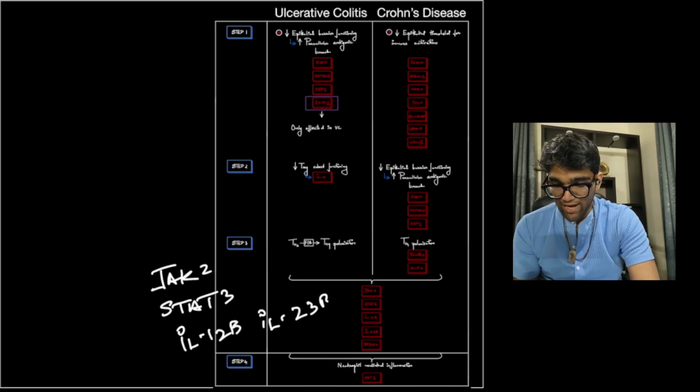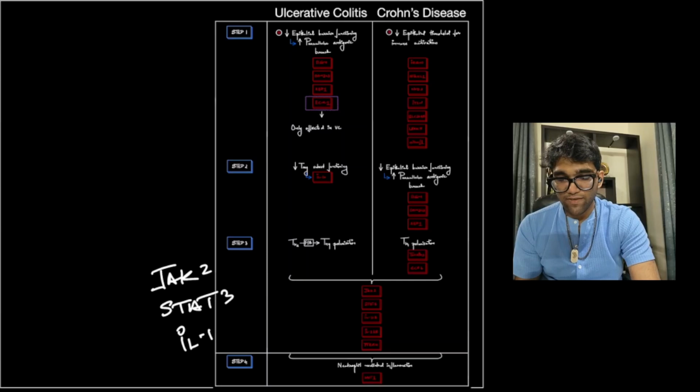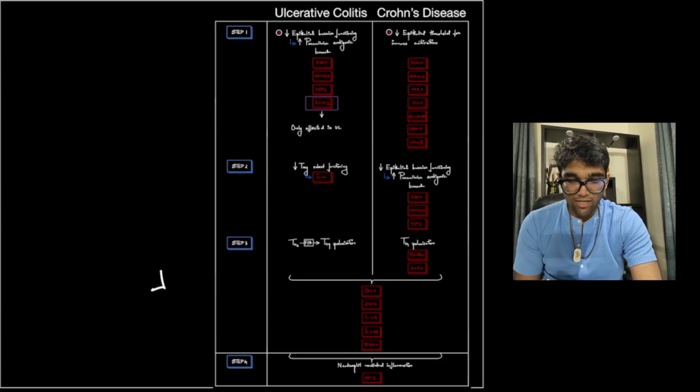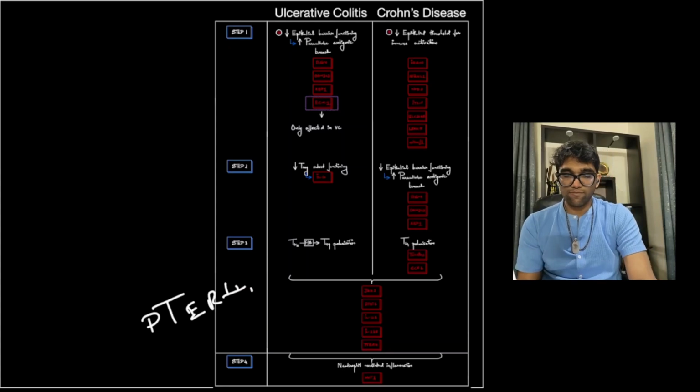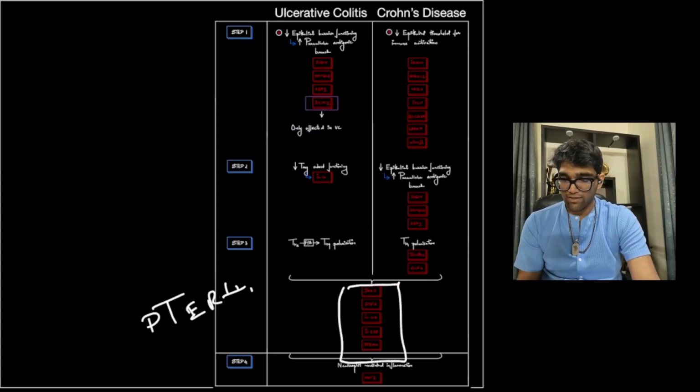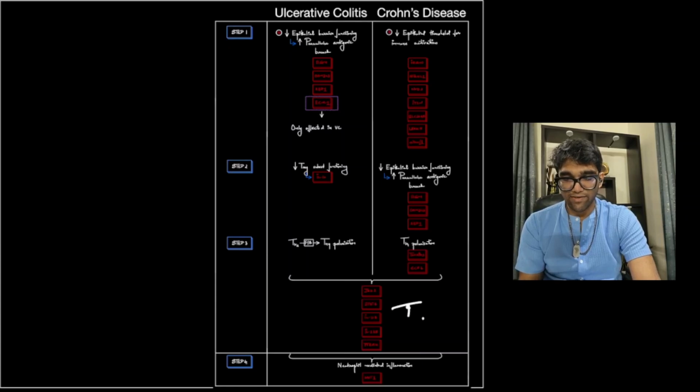And then finally a specific prostaglandin receptor, that is your prostaglandin E2 receptor type 4. So these are the 5 genes that are shared by the two diseases because both of them share Th17 polarization.